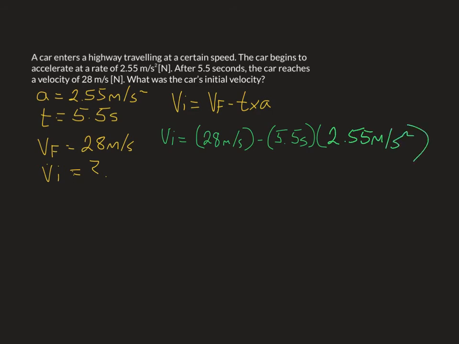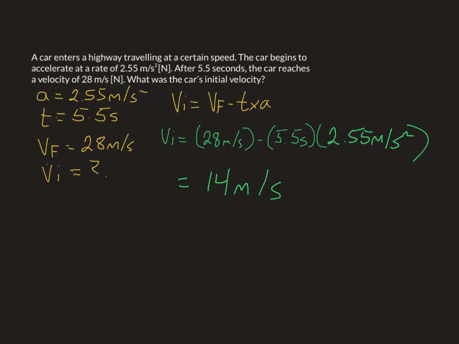When I do all that math, I'm going to end up with an initial speed, final answer, of 14 meters per second, which has the correct number of significant digits. I need 2 significant digits because these numbers only have 2, and that becomes our final answer.